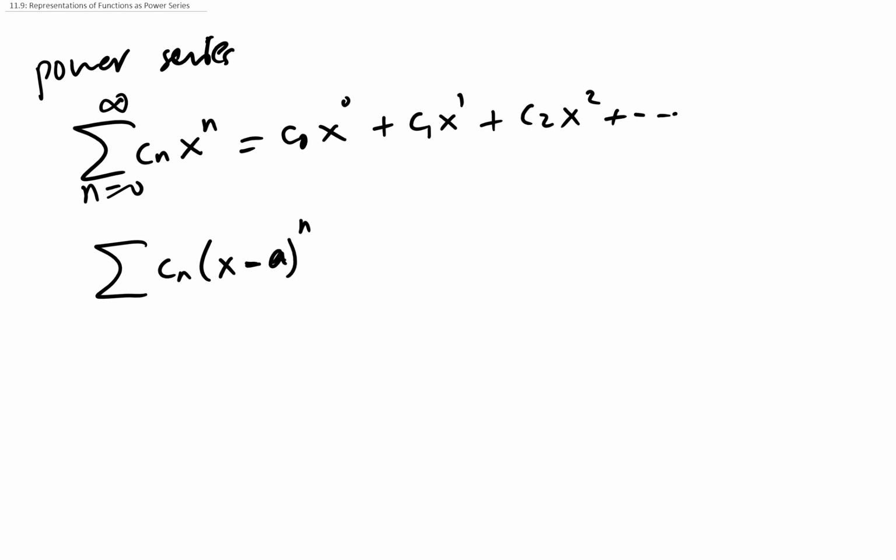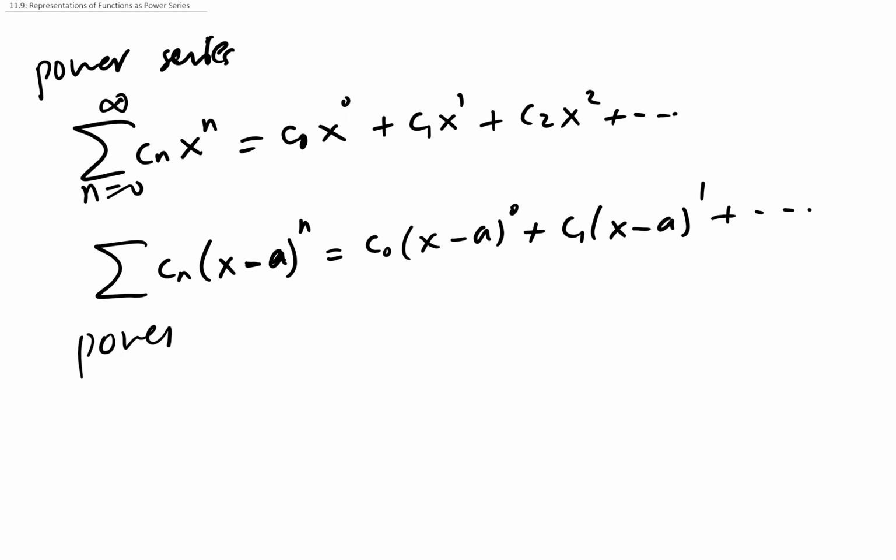Some people put c instead of a. This can also be written as C0 (x minus a)^0 plus C1 (x minus a)^1, etc. This is a power series where n goes from 0 to infinity.